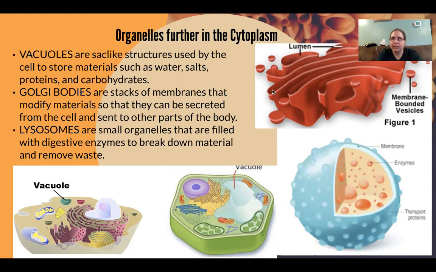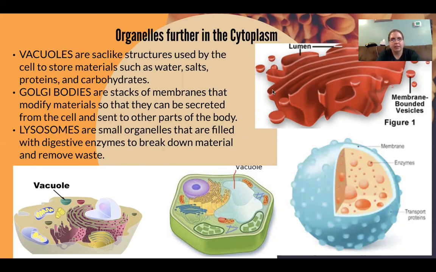At the Golgi, the molecules, the protein or whatever, is going to get modified. It's going to receive molecular tags so that the rest of the body cells can recognize it as self and not as foreign. This way it won't be attacked.